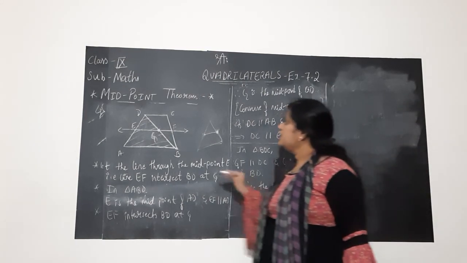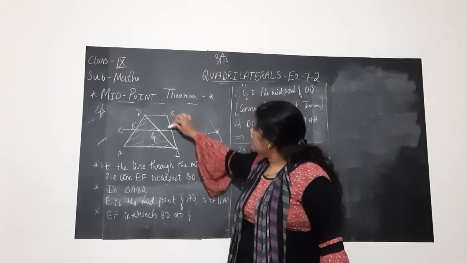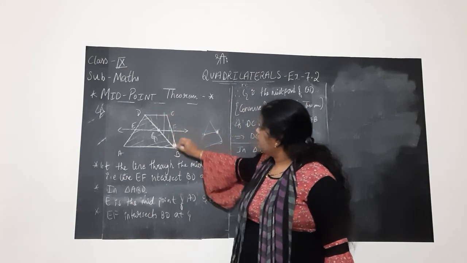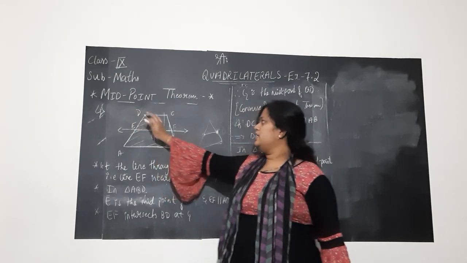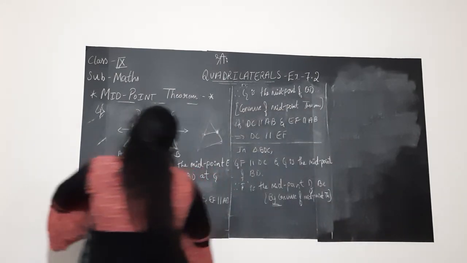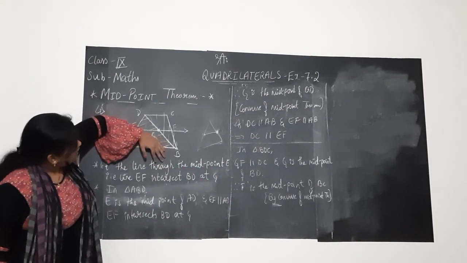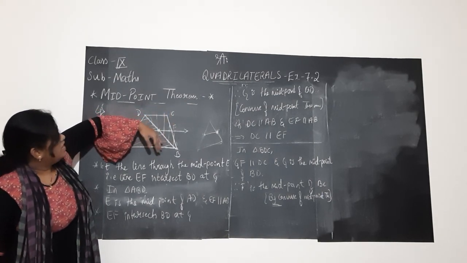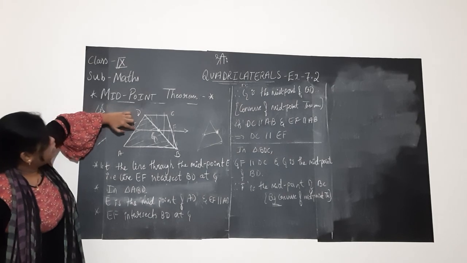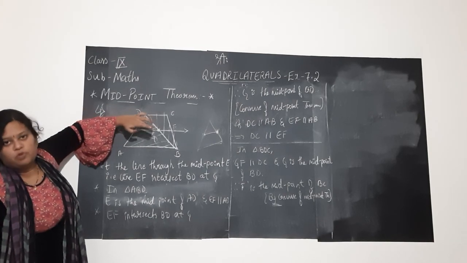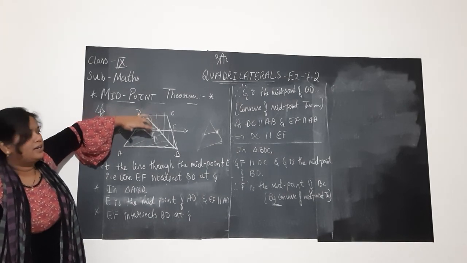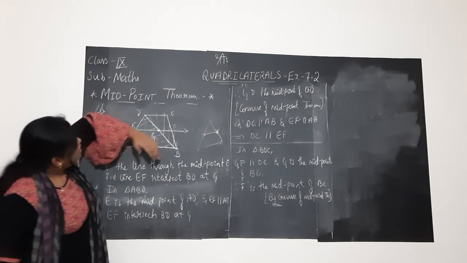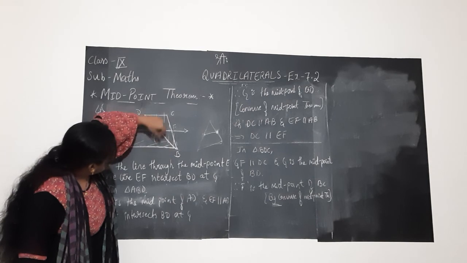Next, consider triangle BDC. I will mark it like this. In triangle BDC, F and G are the midpoints. Taking this midpoint G, we proved from the converse of the midpoint theorem that the line intersects at F. In order to prove F is the midpoint, we consider triangle BDC.